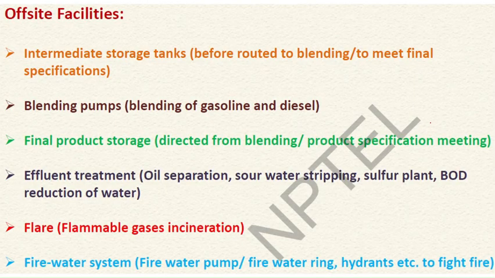Coming on to some of the offsite facilities, there are some more utilities which are very important for a refinery to run. That is intermediate storage tanks. Before transporting the crude oil or the side cuts, we need to store them for some time, either for blending, for some more processing, or to meet final specifications.